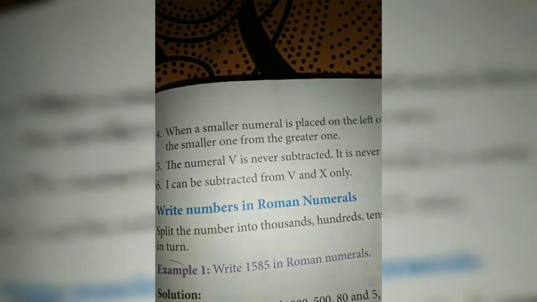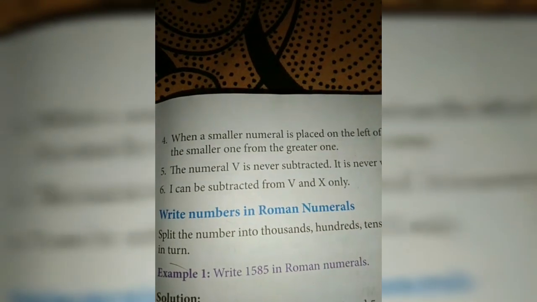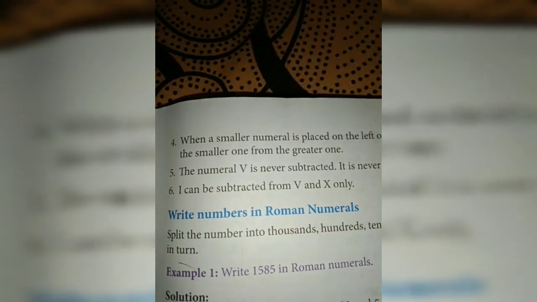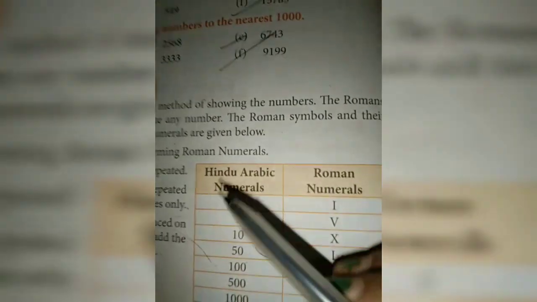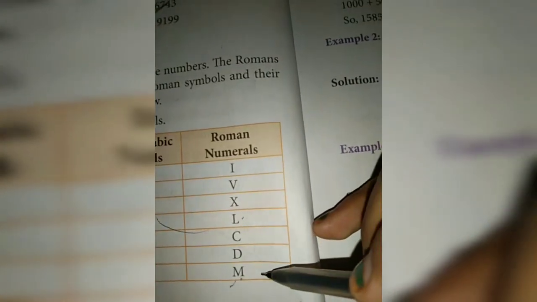In the starting I said there were 3 rules. Sorry, there are 6 rules that we use in Roman numerals. You can see the tables also. First of all, in Roman numerals we use only alphabets, and only some of them, not all.